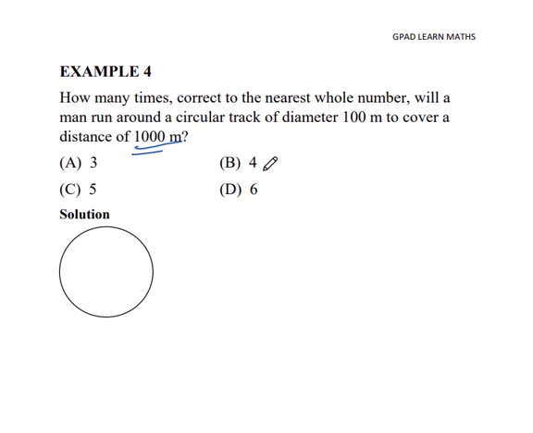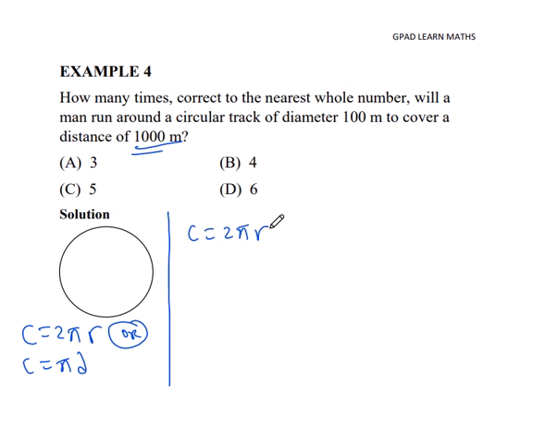Let's solve this. Again, the circumference of a circle is 2 pi r, or the circumference of a circle is pi d. Whichever one you want to use, you get the same answer. So let me just use 2 pi r. Notice we were given the diameter as 100 meters.